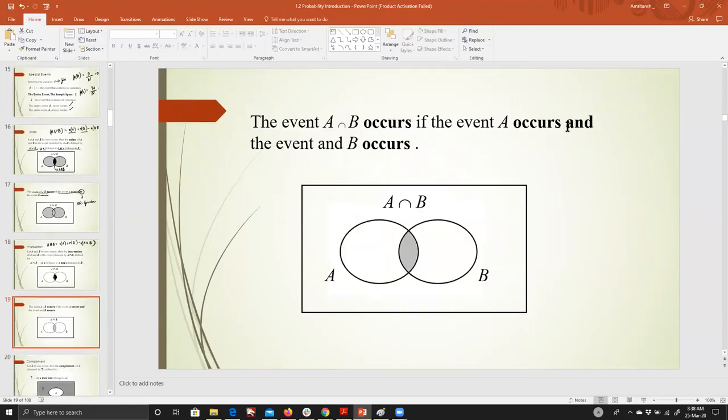So the keyword which you need to look out for is and. When you see and, it means intersection.